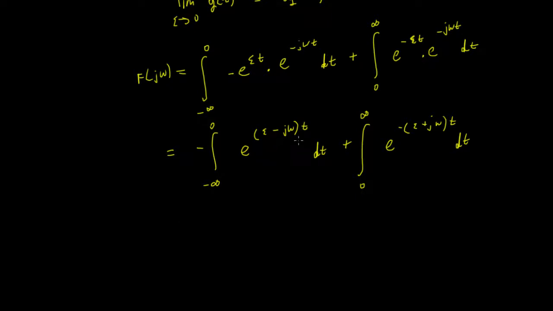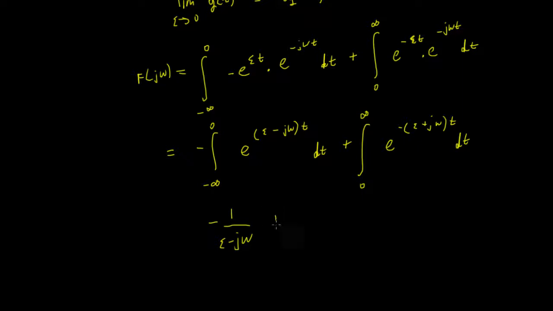Now when we integrate with respect to t, this just looks like a constant. So that's going to come down, and you're going to end up with minus 1 upon epsilon minus j omega. Now the limits of the integration ensure that we only have one value here, because when we put the value of 0 in for t, we'll just get 1, and when we put in minus infinity, we'll get 0. So we just end up with a constant factor on this integration there.